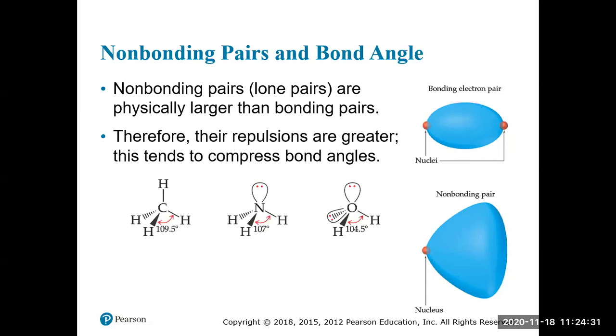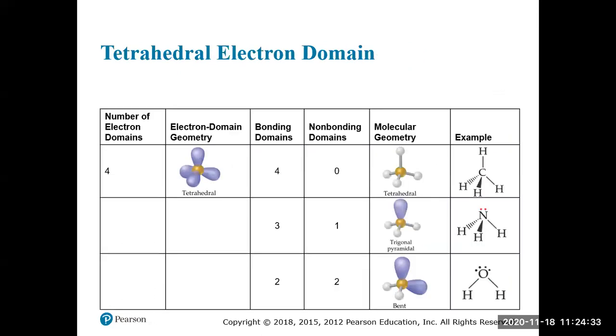So, going back to this example here, we saw how as we replaced bonding domains with non-bonding domains, it impacted the shape of the molecule. So our molecular geometry changed.